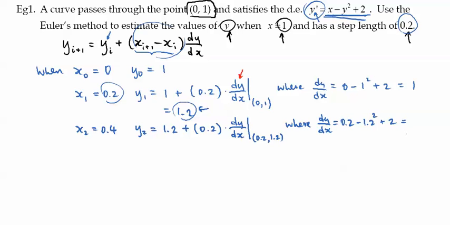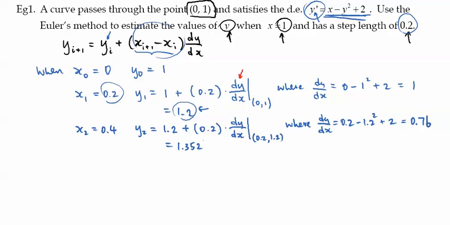And in this case, you need to use your calculator for this, and I end up with 0.76. So with dy dx equals 0.76, 1.2 plus 0.2 times 0.76 equals 1.352.